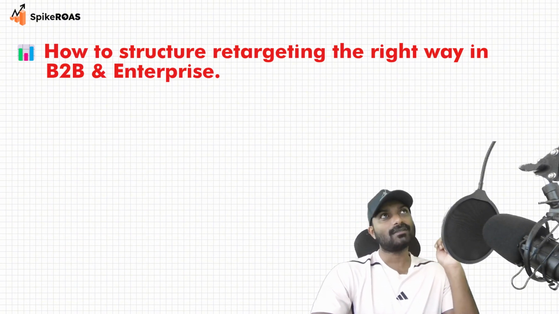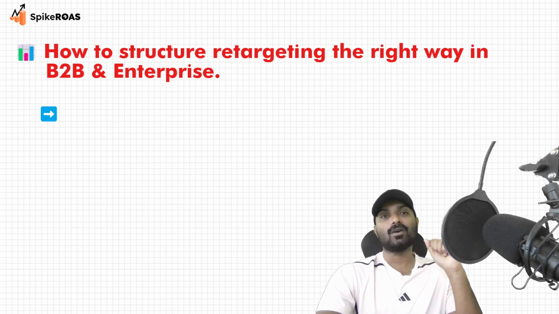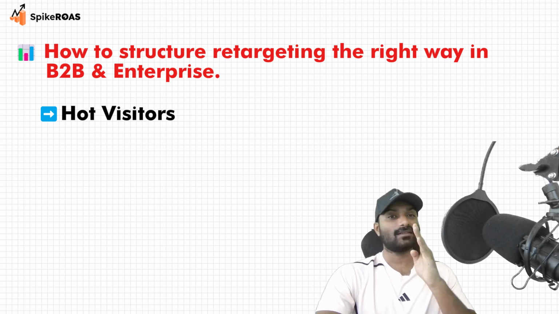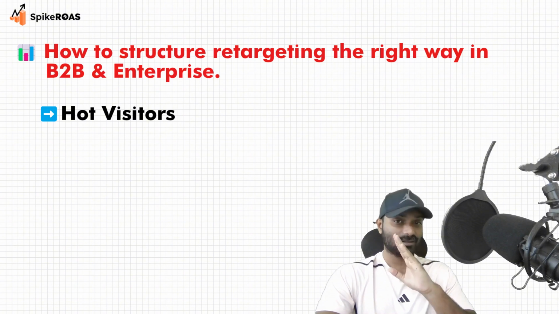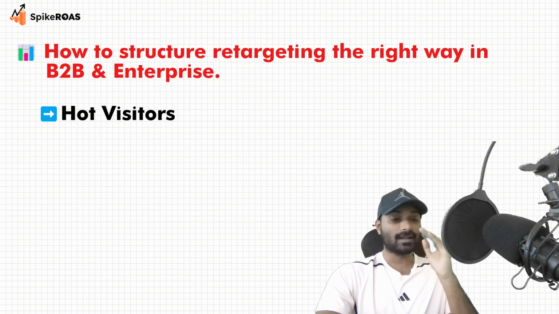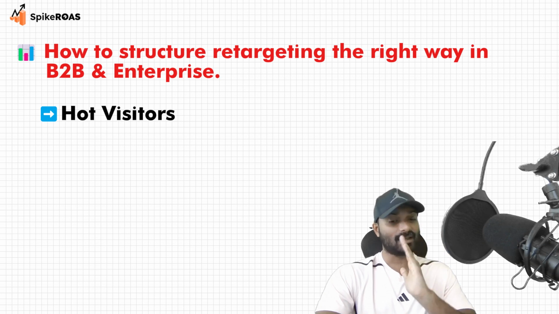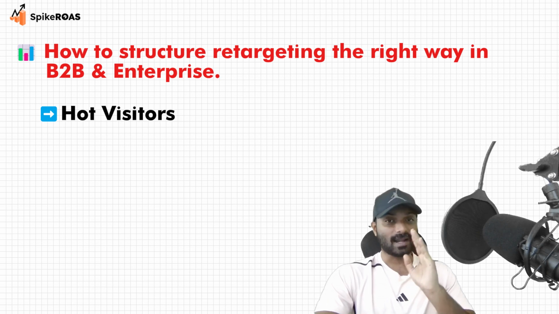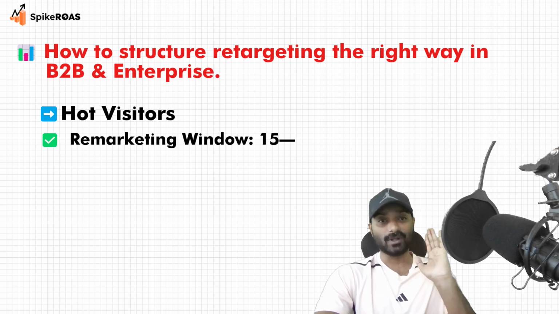Let's talk about the third stage. Third stage is hot visitors. So from starters, downloaders, high intent actions, the retargeting window from the second stage to the third stage goes from 15 to 45 days. Whoever completes the first stage and second stage is now going to be part of the third stage, and that has to be remarketed for 15 to 45 days.